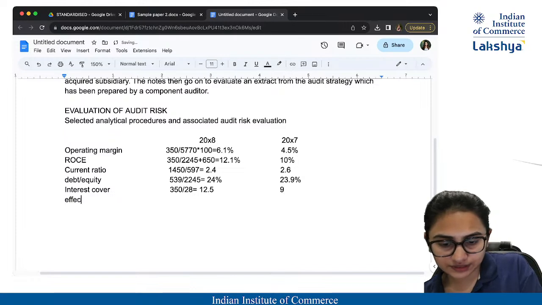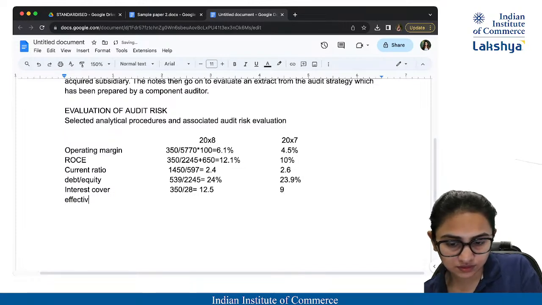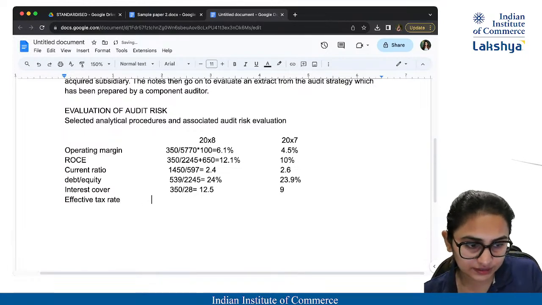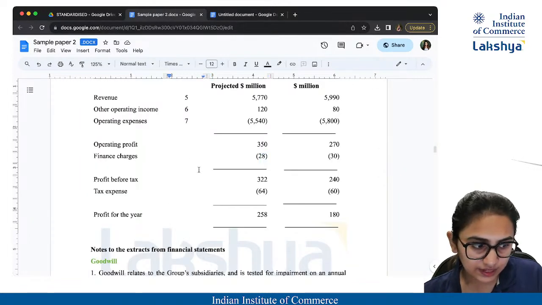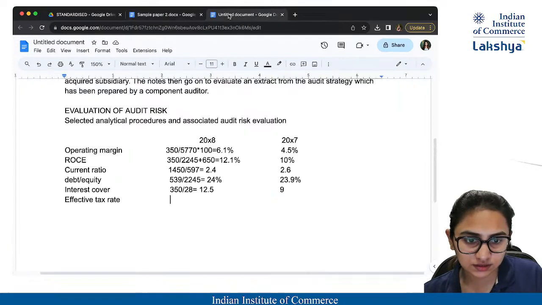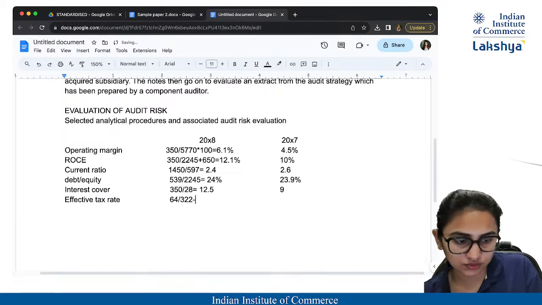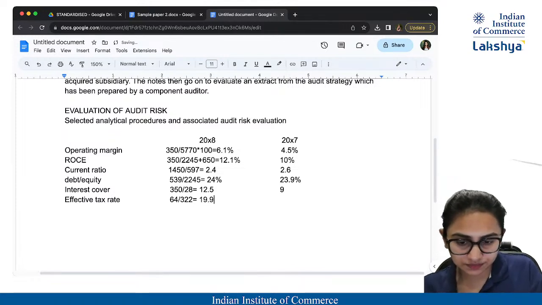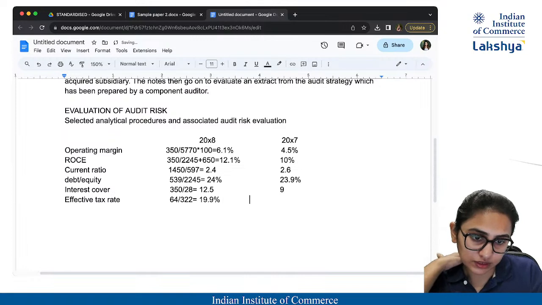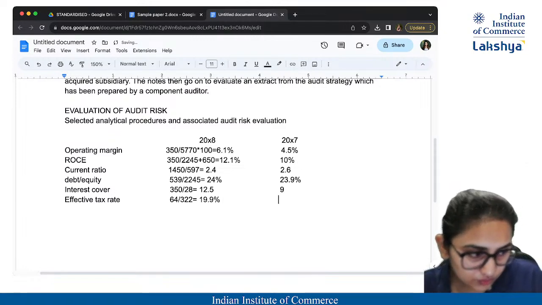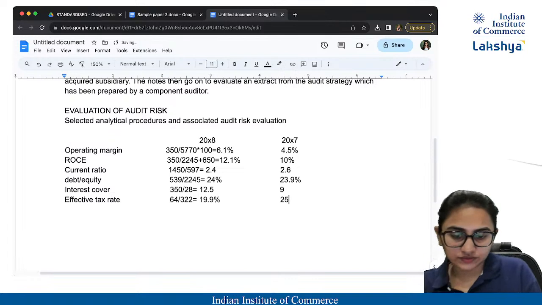Next we have is effective tax rate. Effective tax rate is going to be tax expense 64 divided by profit before tax. 64 divided by 322, that is going to give you 19.9%. And for the previous year similarly, it is going to give you 25%.